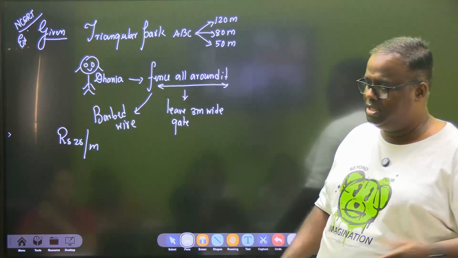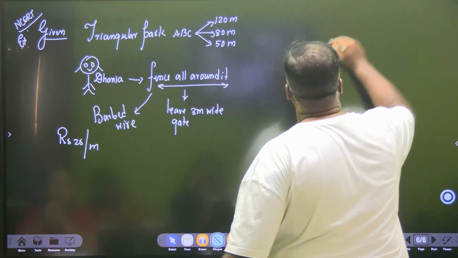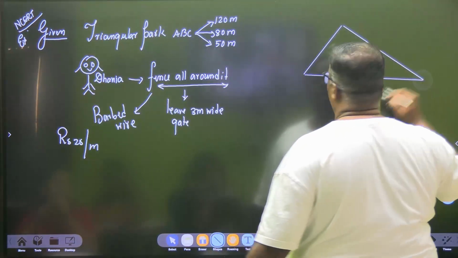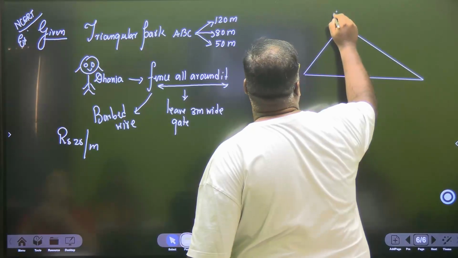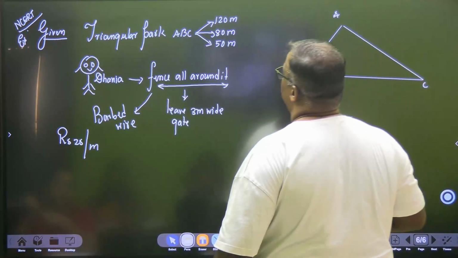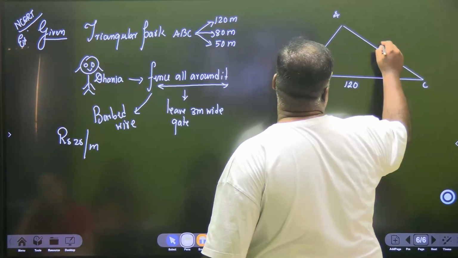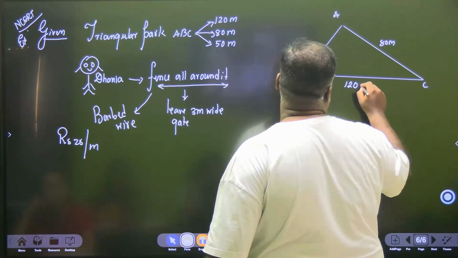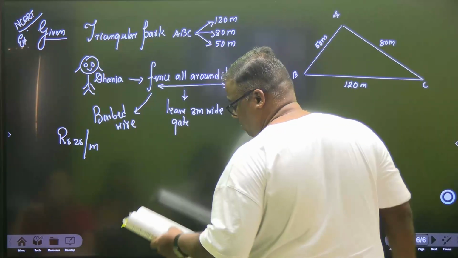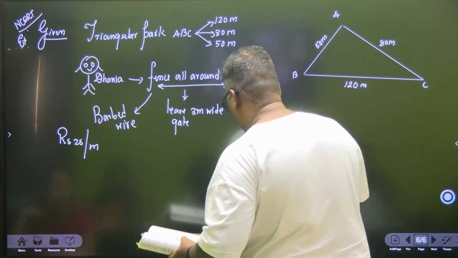So, did you understand? Suppose this is Dhania's plot, and the plot is ABC, with sides 120, then 80, and 50 meters. And we have to leave a gate on any one side. Your wish, you leave a gate. So how will you leave a gate, children?